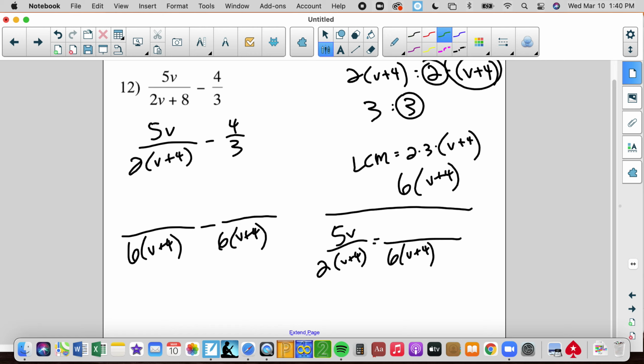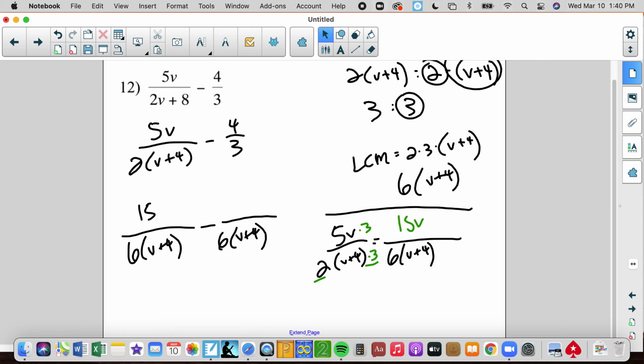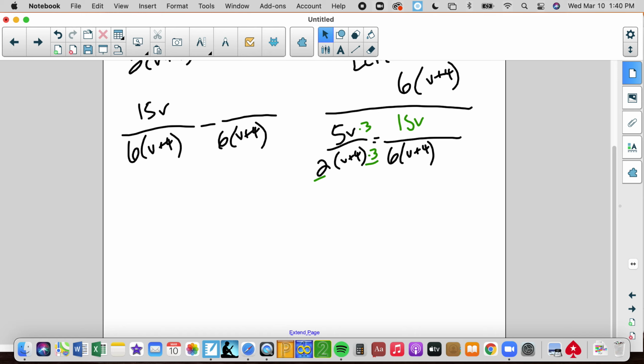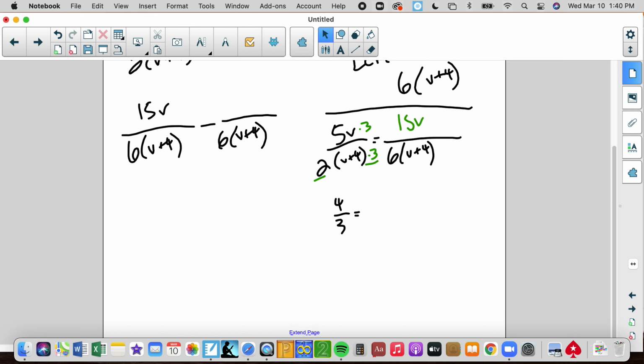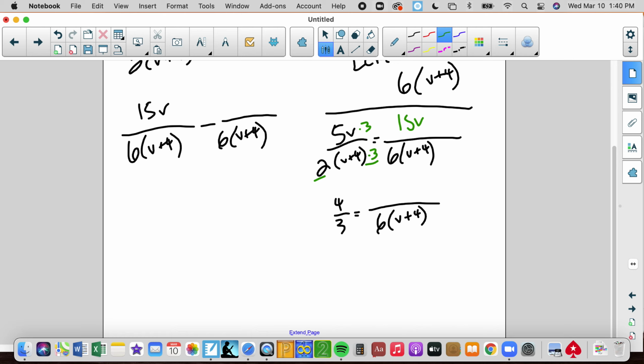So we're going to multiply that by 3 to get that 6. So multiply by 3 and we get 15v. Let's do the other fraction. I think it's like 4/3. 4/3 equals what over 6 times v plus 4. So 3, how do we get 3 to 6 is 2, and then we have the v plus 4.